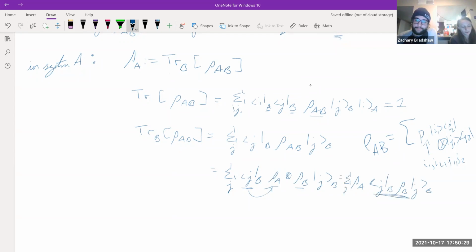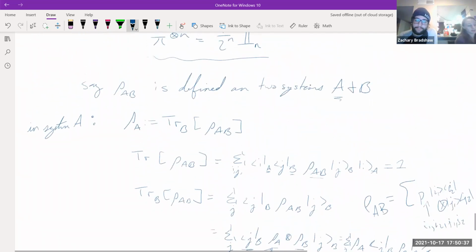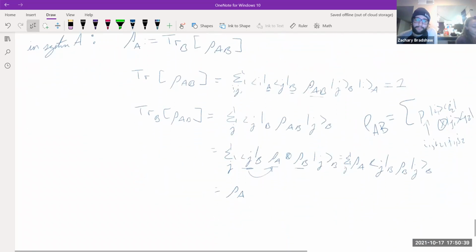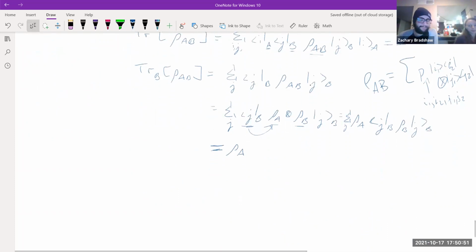But this is just a trace on a state, which is equal to 1. So then you'll just get back row A, if you break it onto composite systems. So this is how you describe the partial trace. And feel free to double check me if you don't believe this breaking into the tensor product, but it is the formulation used in Nielsen and Chuang, the text you're following.